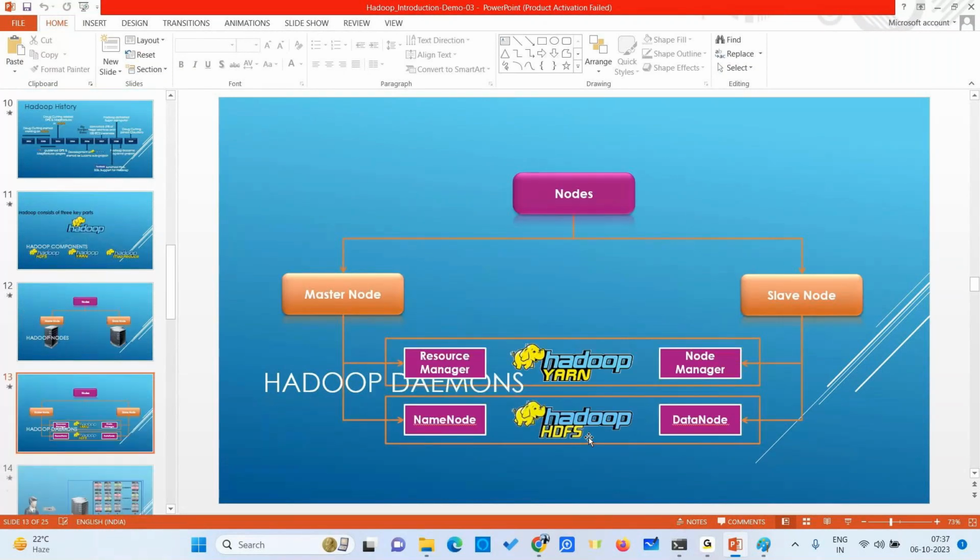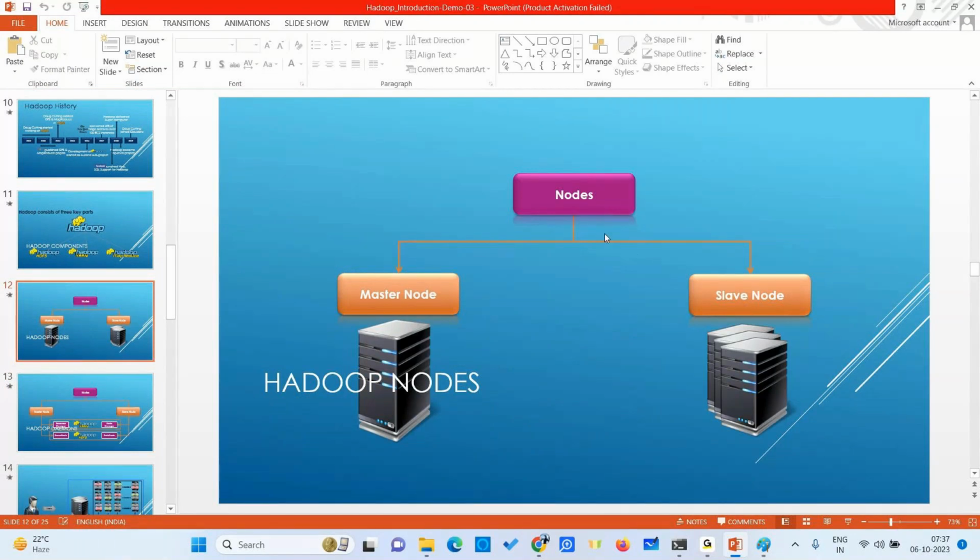Here, see what a node is. These are the Hadoop nodes. A master node has only some metadata, metadata meaning data about data, and all the storage is held in the slave nodes. The complete system is called a cluster.